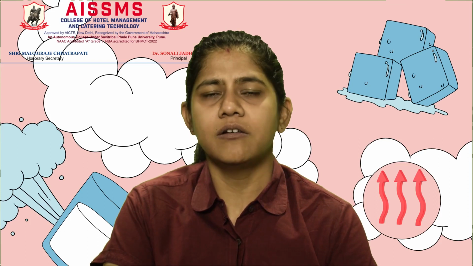Finally, thermal expansion plays a significant role in everyday life, influencing the design and maintenance of structures, temperature measurement devices, and various mechanical systems. In the next video, we will learn about specific heat capacity.